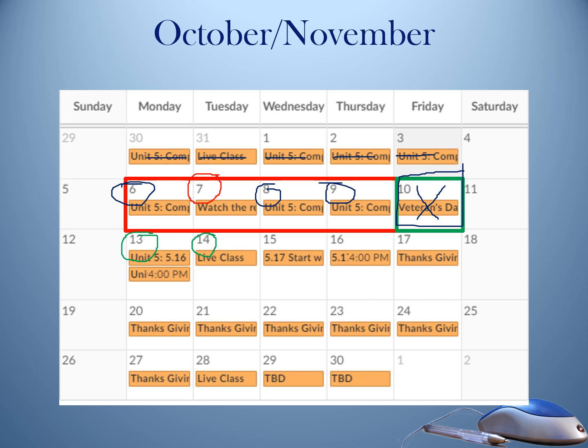It's the 4-slide PowerPoint presentation of your favorite hobby, and that will be due on Thursday, November 16th. And then that's right before we leave for Thanksgiving break. We don't have class that Friday the 17th or Friday the 24th, or that whole week, I should say. Okay, so that's a look at our calendar of where we're at, Unit 5.